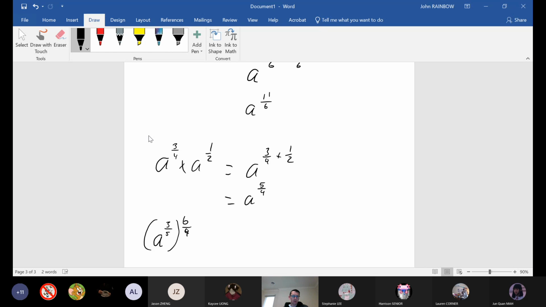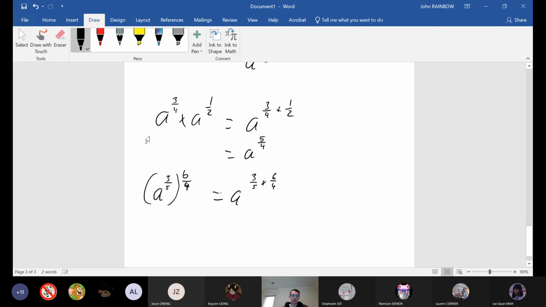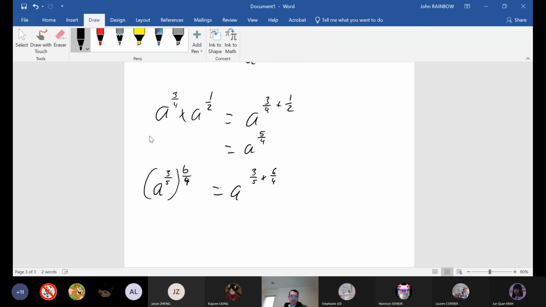Now remember, you multiply these, so that is going to be 3/5 multiplied by 6/4. So we're just using all the same indices laws. So what are we looking at? 18/20, and we can simplify that. That's going to be 9/10. And that's it. That is that chapter.